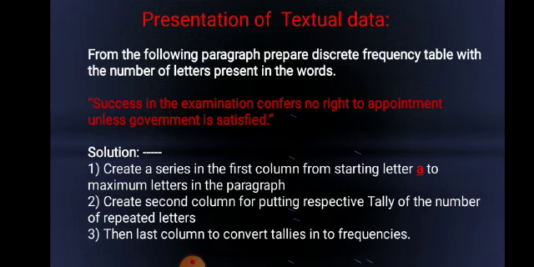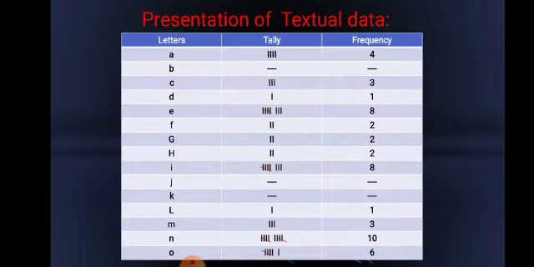Tally is for how many times letters in that paragraph are repeated. Assume that A is repeated 3 times, we need to put 3 tally marks. And those tally marks will be converted into frequencies, which we will put in the third column, right? So we will see it in the example.